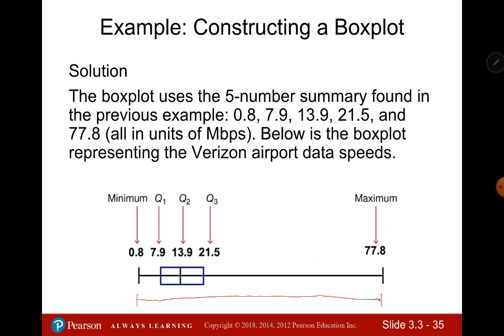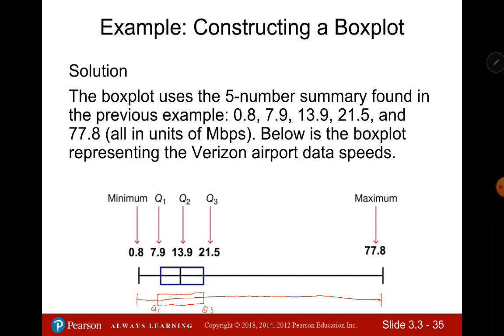Then we find the approximate positions to draw two bars. These will be our Q1 and Q3. Okay, then we draw this box. The last step, we set the Q2.